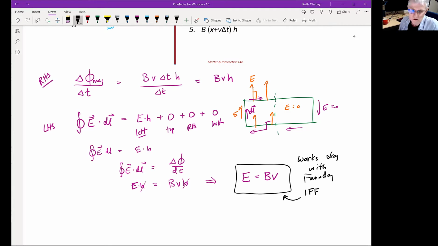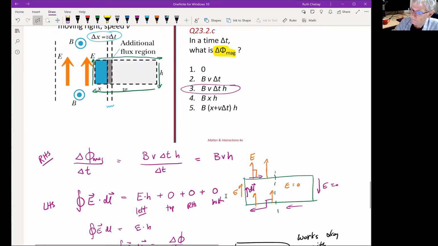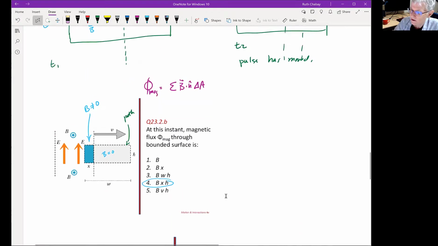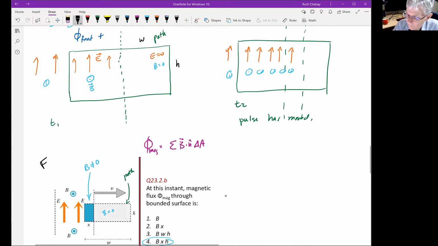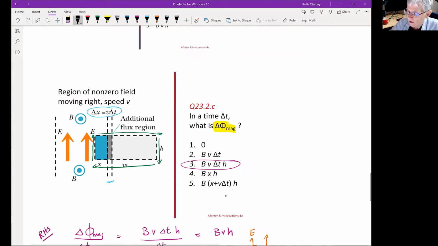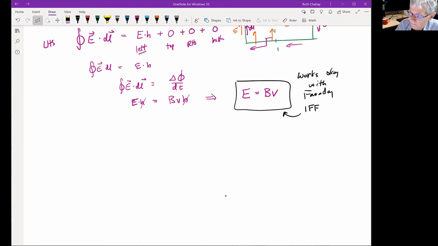Okay, so we have one more equation to use here, and that's going to be the Ampere Maxwell equation. So we did Gauss, we did Faraday, and now we need to do the Ampere Maxwell equation.